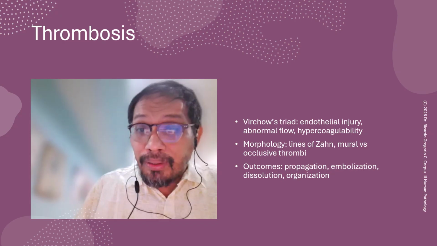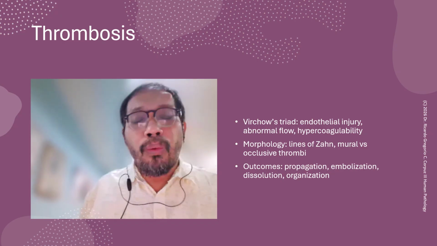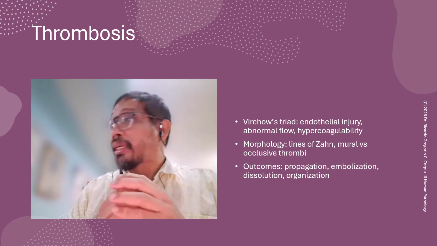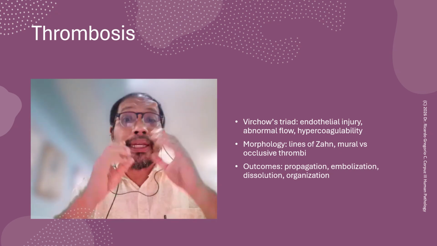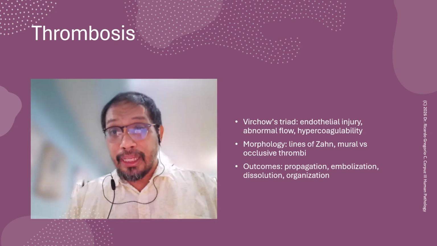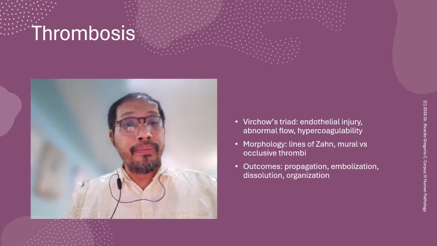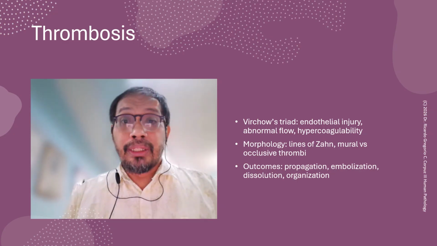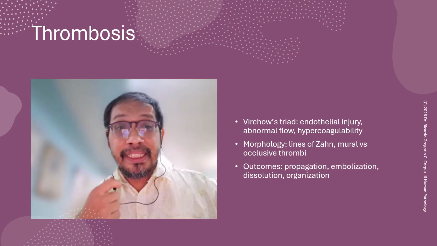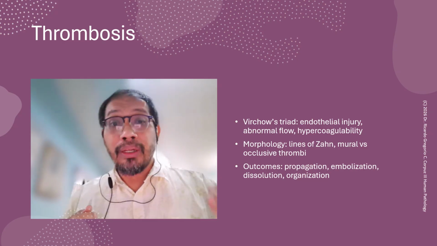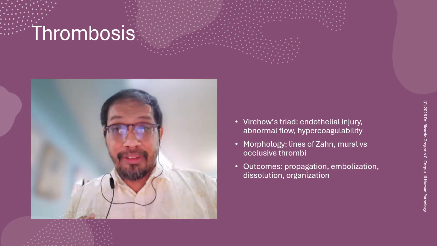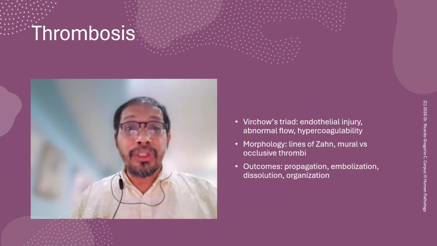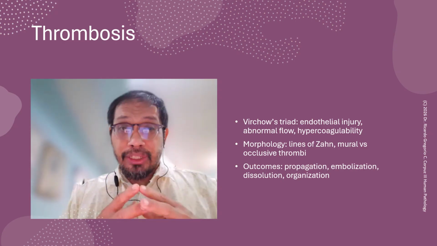So, possible outcomes of thrombus. Once a thrombus forms, several outcomes are possible, each with distinct clinical implications. First is propagation. The thrombus enlarges, accumulating more platelets and fibrin, increasing the risk of vascular occlusion or embolization.